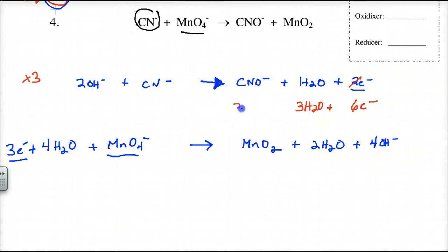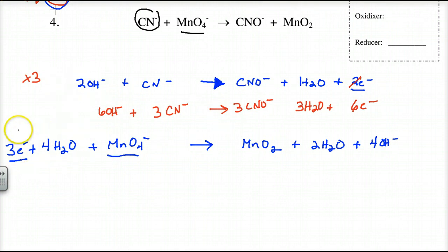Then, of course, 3 of this ion. Of course, 3 cyanide ions. And, of course, 6 hydroxides. And that's what I get by multiplying by 3.